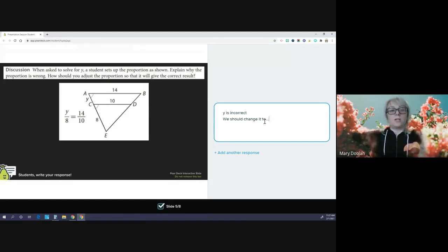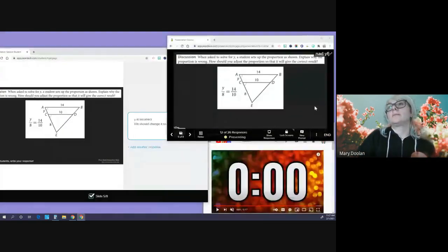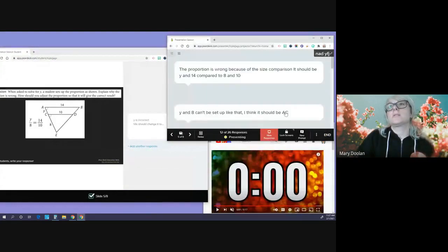And we want to compare it to the side length all the way to the left of the largest triangle. So that's basically side AE. All right. And I think somebody said AE. And come back and share some responses here.